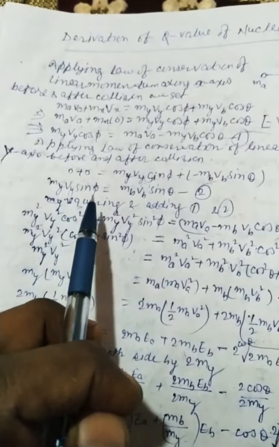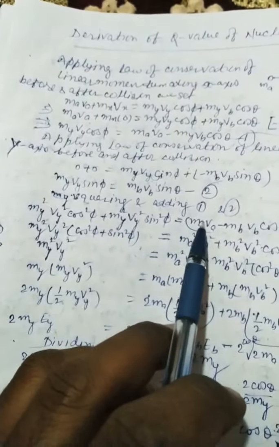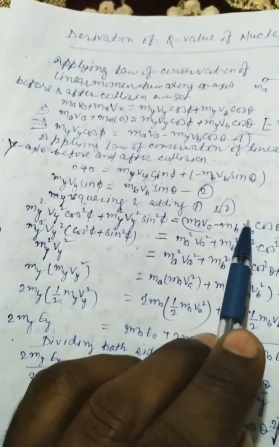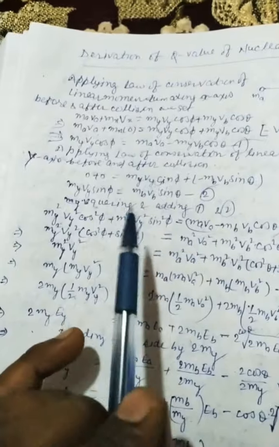So MYVY sin phi equals MBVB sin theta. This is equation 2. Now squaring and adding equations 1 and 2.